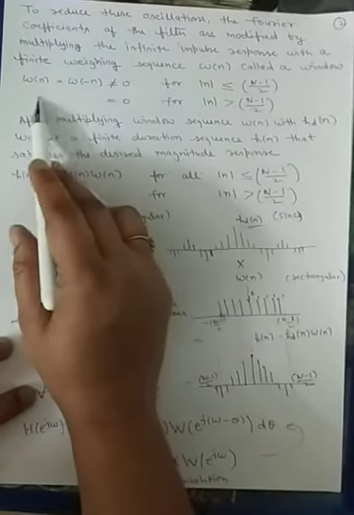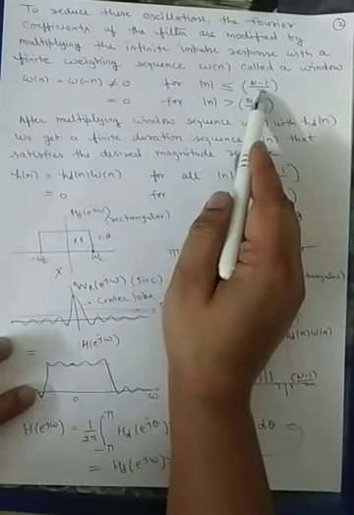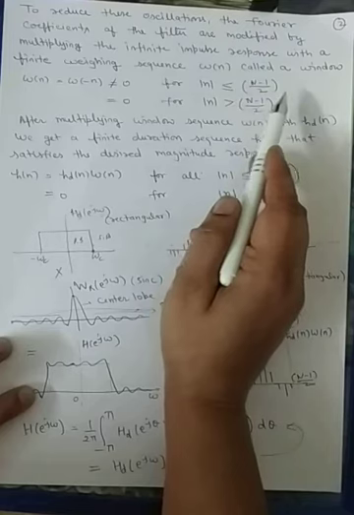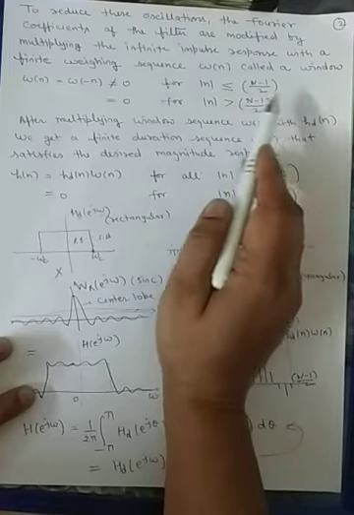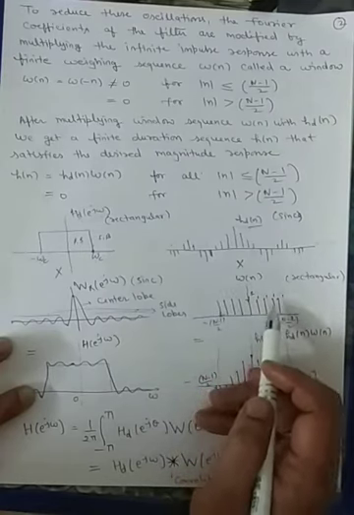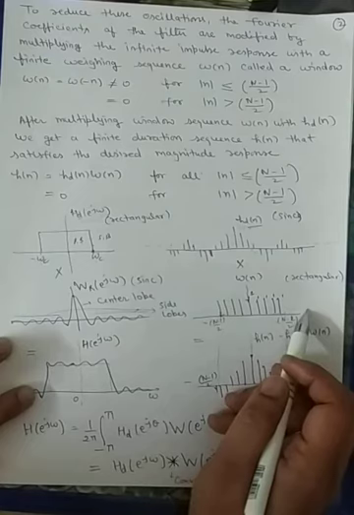So mathematically, in the range from minus (N minus 1)/2 to plus (N minus 1)/2, the sample signal is unity and otherwise it is 0.